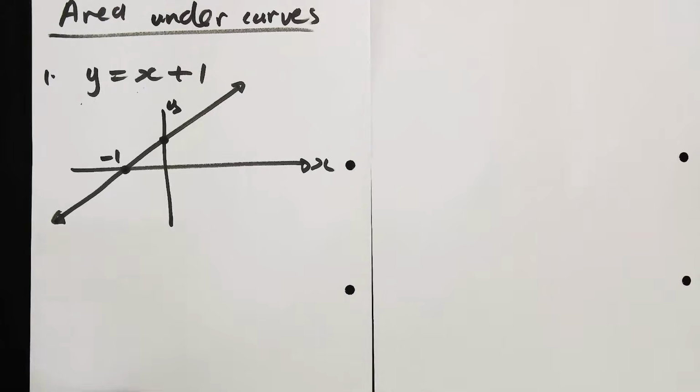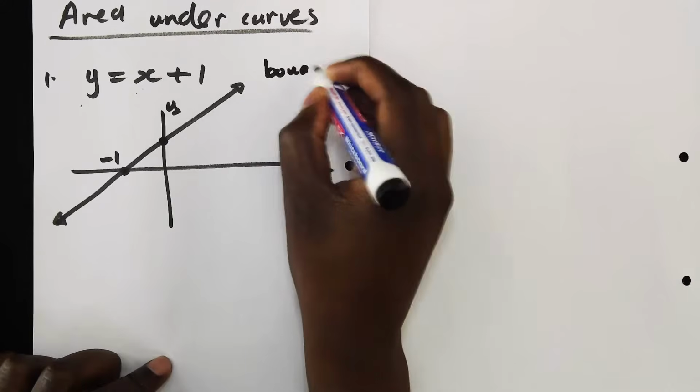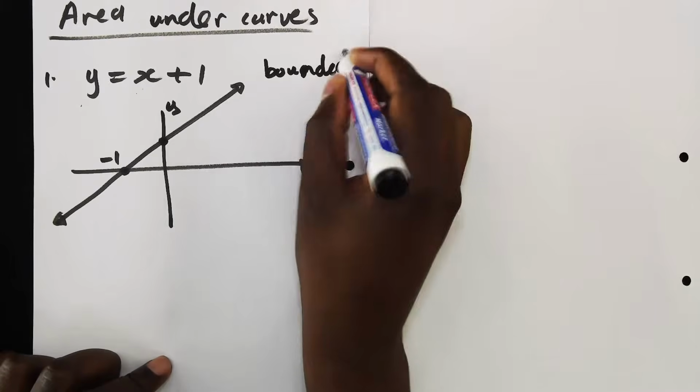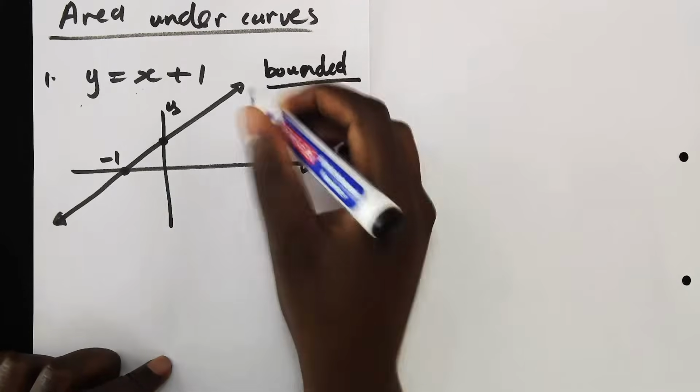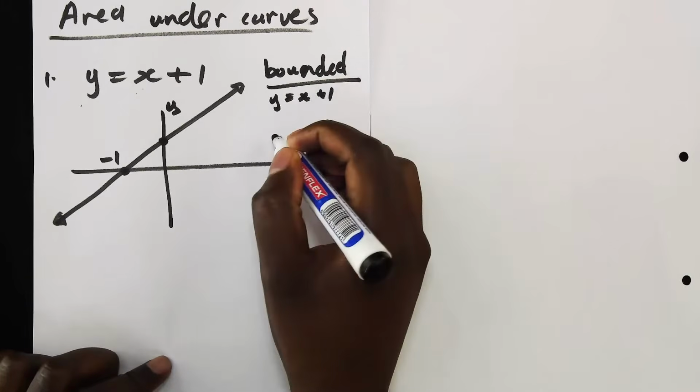We need to shade the area bounded by the curve, the x-axis, and the lines x equals 2 and x equals 1. So it's bounded by number 1, y equals x plus 1.